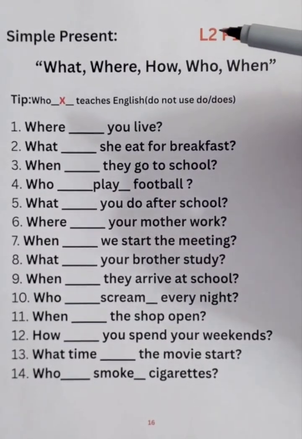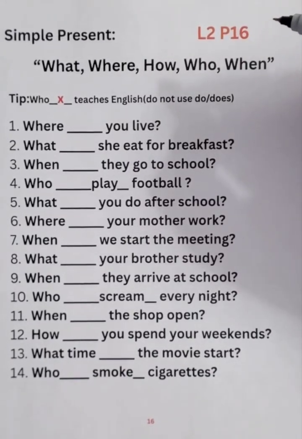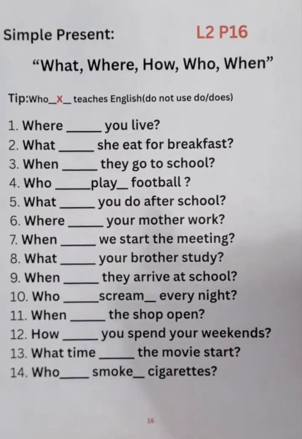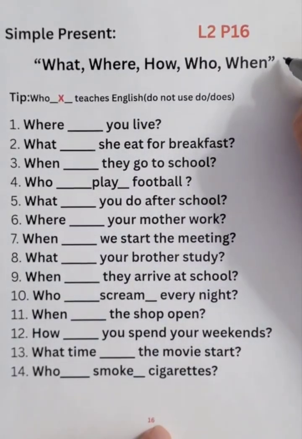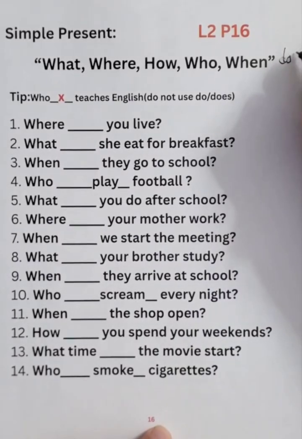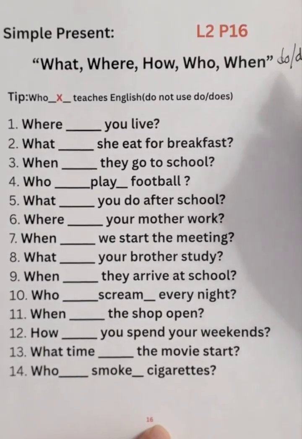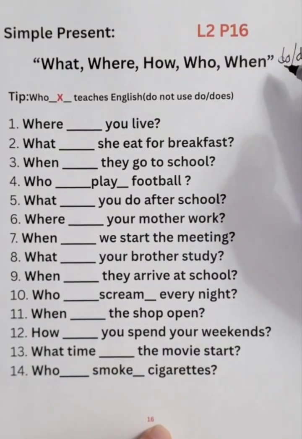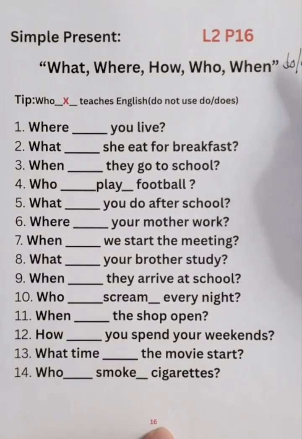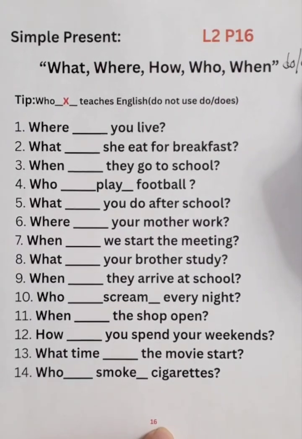Okay, so as you know and as you learned in page 15, we do need do or does to make questions in simple present tense. And we know that we use do for I, you, we, they, and does we use for he, she, it.